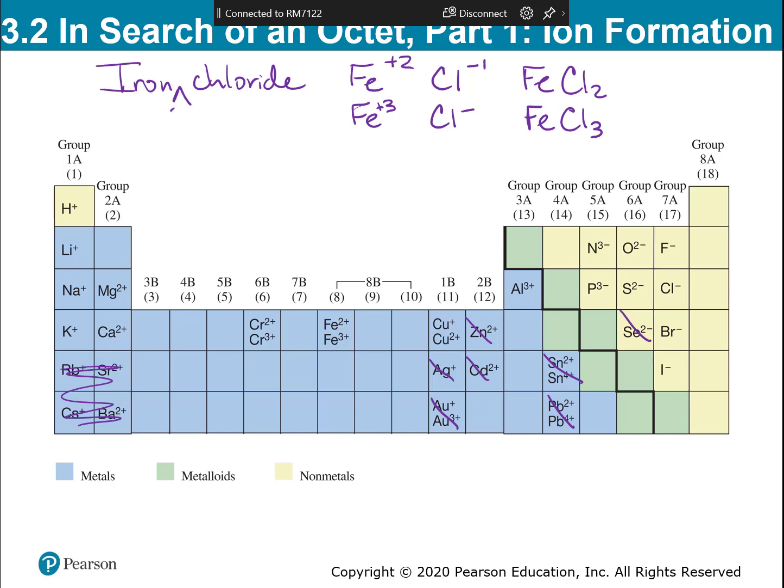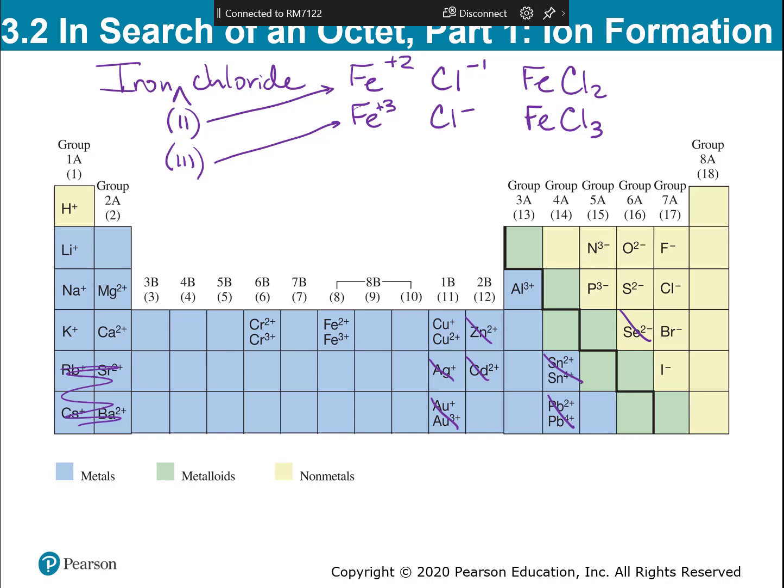You use a Roman numeral 2 if it's iron with a +2 charge. You use a Roman numeral 3 if it's an iron with a +3 charge. So the Roman numeral tells you the charge on the metal. It doesn't tell you how many of the metal, because that's a common mistake. Doesn't tell you how many. Put a note, the Roman numeral tells you the charge on the metal.